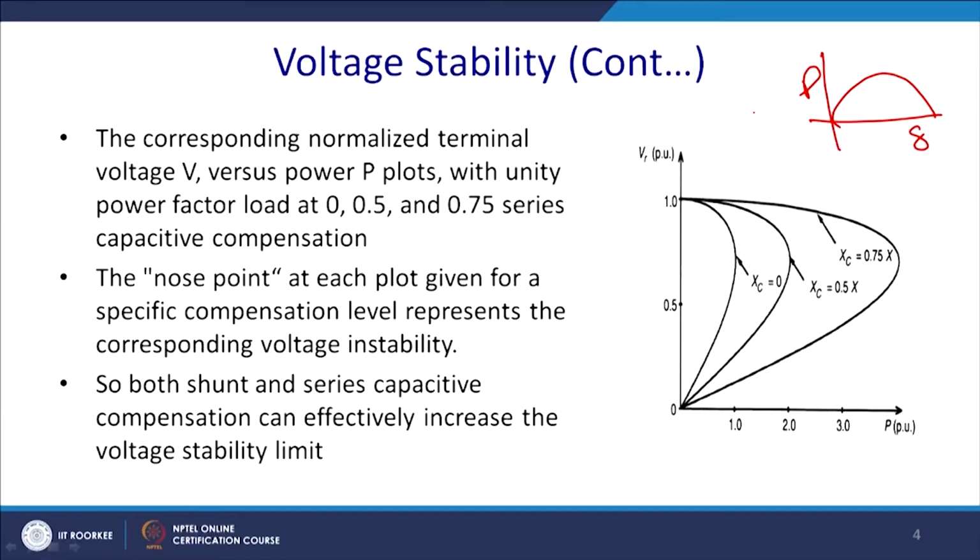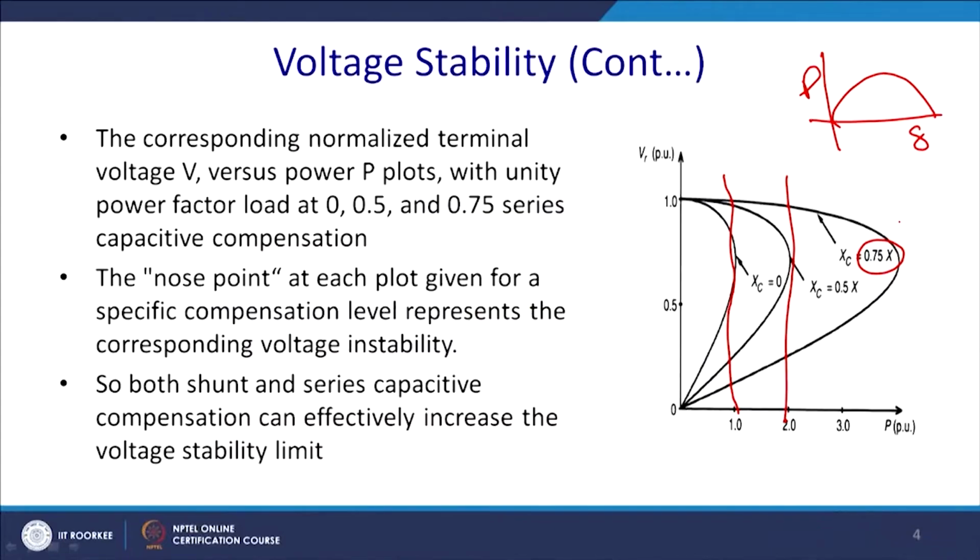We can see that this is the uncompensated one, and you can transmit the power. Thereafter, if you increase the compensation to 0.5, the power will be double, and if it is made 0.75, it will be 3/4. Thus the power handling capability of this line increases.